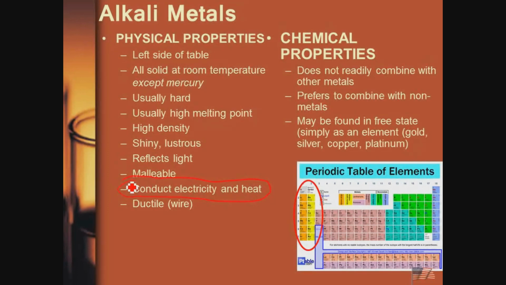They readily combine with other metals, so they combine with each other. They also prefer to combine with nonmetals over on the opposite side. So like I said, sodium chloride, potassium chloride. And sometimes they're just found in the free state, as we have with gold, silver, copper, and platinum.